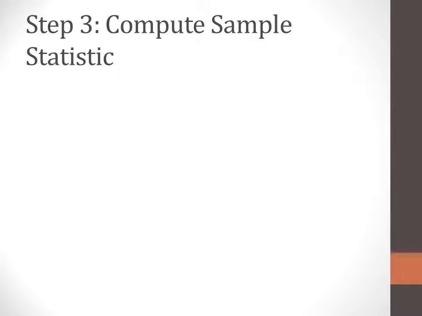Step 3, compute our sample statistic. We can compute the different values for the variance first. So we start out by getting our total sums of squares.